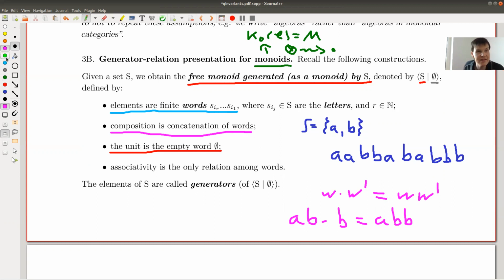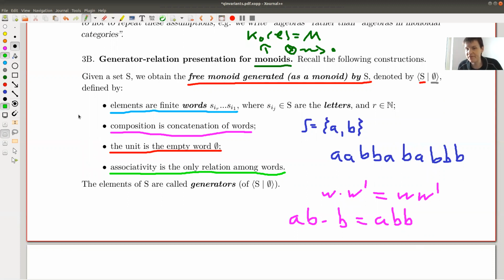The only relation you impose is associativity, and that's nothing you really need to impose in this formulation. It comes for free, but there's absolutely nothing you can do with a word. A word is a word, and there's no way to manipulate it. It's just what it is. That's why it's called free. Very easy concept. Free just means you impose as few relations as possible, just as many to make it what you want it to be, like a free monoid or a free group.